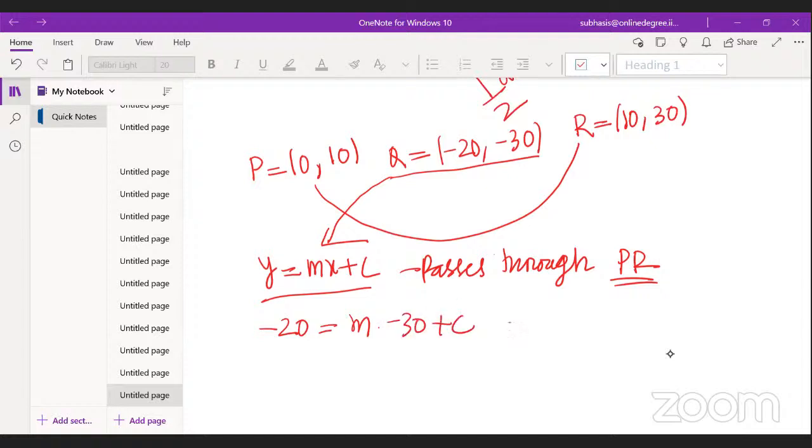If it gives you 0, then certainly Q is on your line. Otherwise, that point is not on the line which passes through P and R.